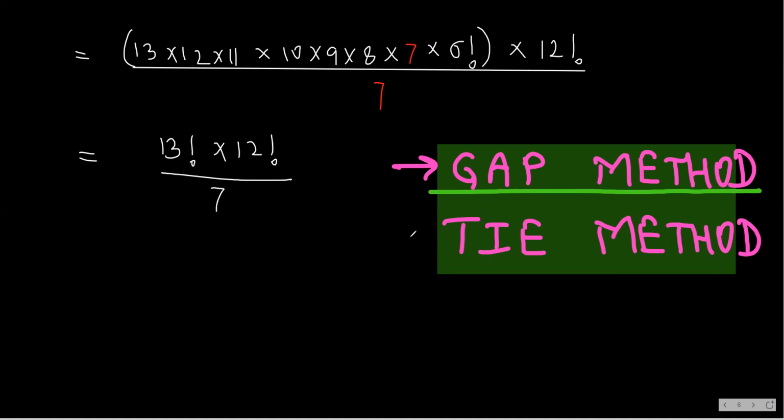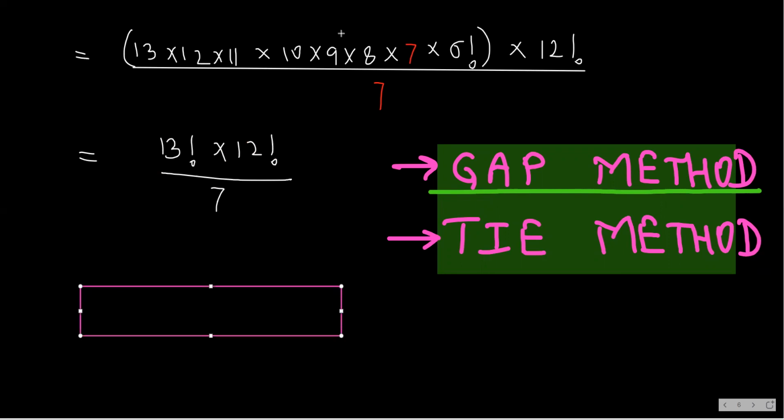If all girls are together, then we will go for tie method. That is, we will have all the 6 girls in one unit, as a single unit.